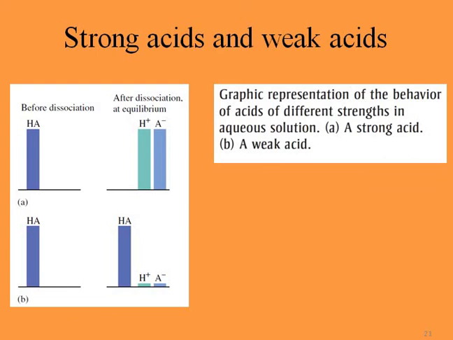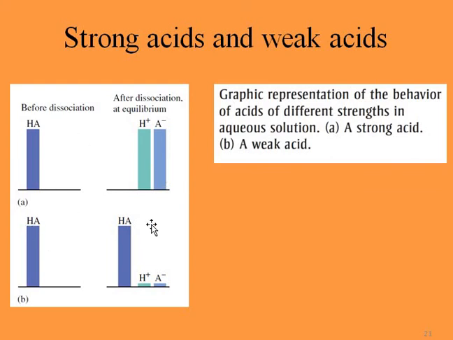And also in this slide, you can see the difference between strong acids and weak acids. The top one is for strong acids. As you see here, before dissociation we have completely HA, 100%. After dissociation, it is completely dissociated into its ions, H plus and A minus, and there is no original HA left in the solution.